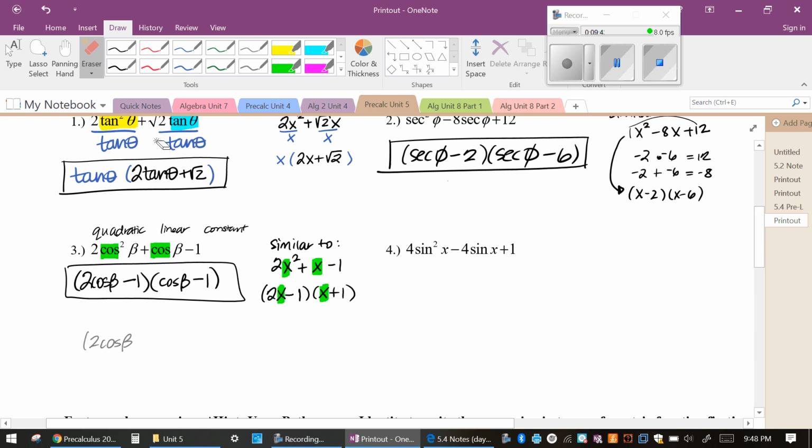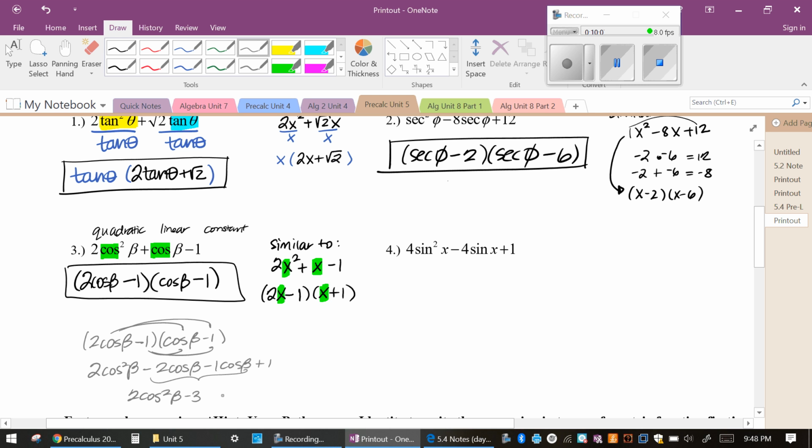Oops. To convince yourself that this, in fact, does give you the original expression. So it would be 2 cosine squared beta minus 2 cosine beta minus 1 cosine beta plus 1. Combine like terms. You get 2 cosine squared beta minus 3.